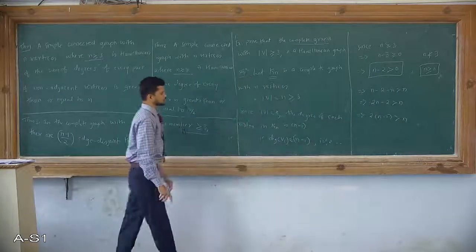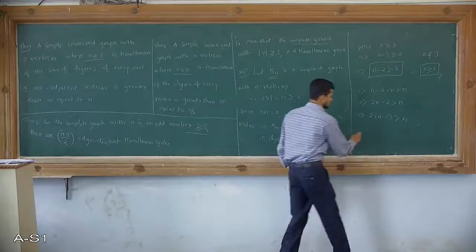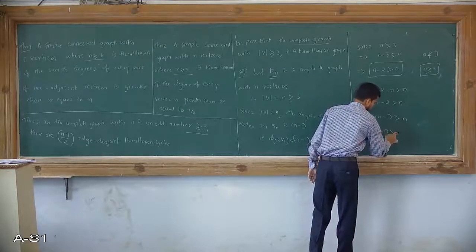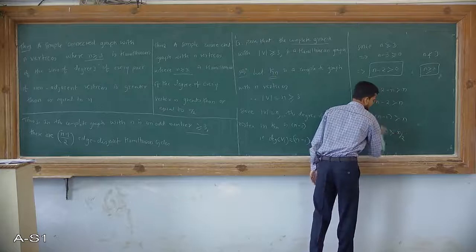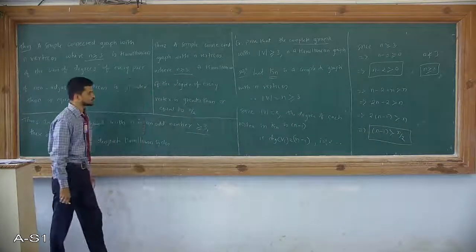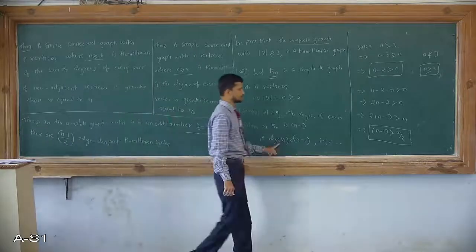Now I will divide by 2 on both sides, so therefore n minus 1 is greater than n by 2. What is n minus 1 here? n minus 1 stands for the degree of each vertex.